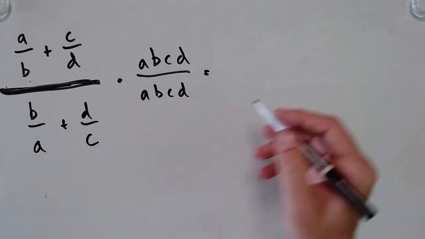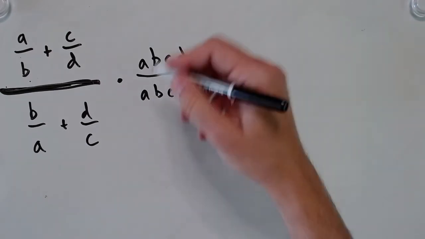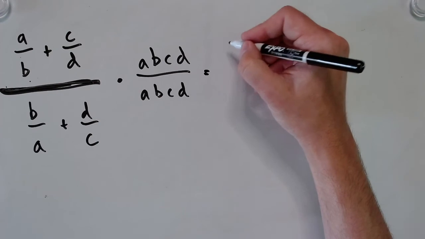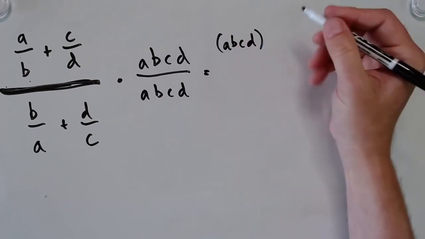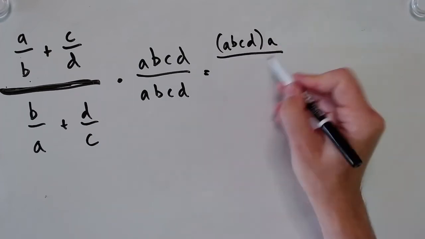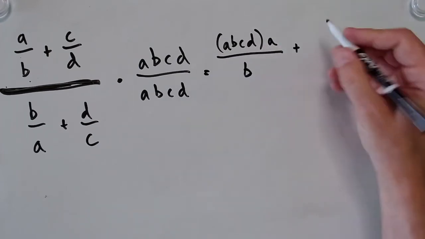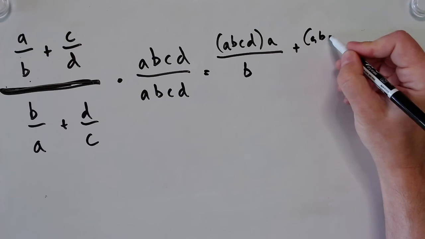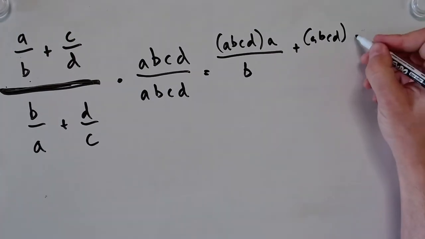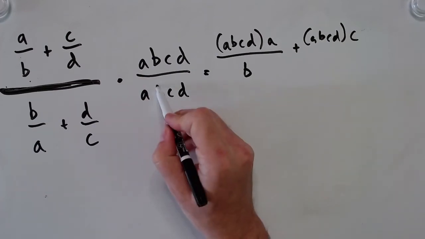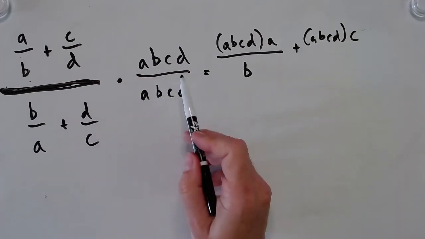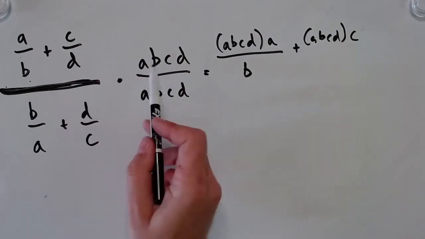Let's see how much space that takes up. So let's see here. We're going to have a, b, c, d, and I'll do this, times a over b plus a, b, c, d times c. Again, I'm just taking this entity and multiplying it and distributing it.